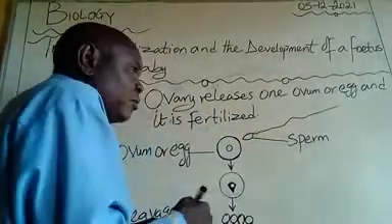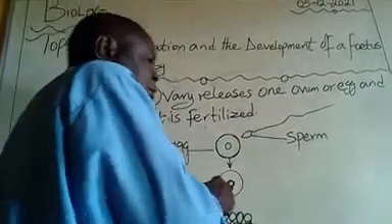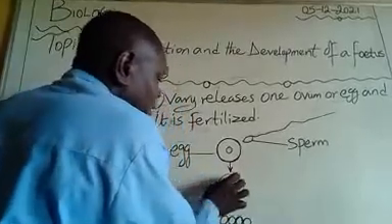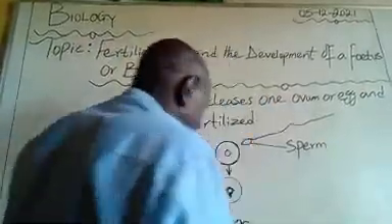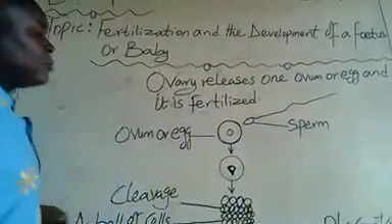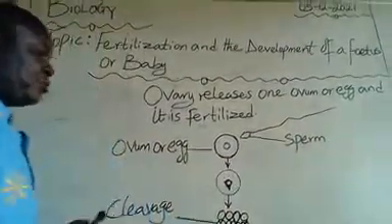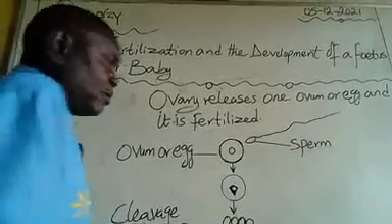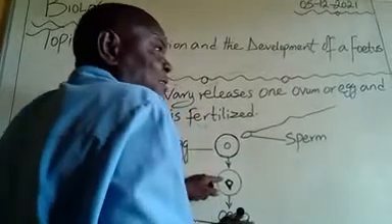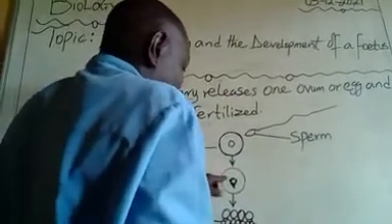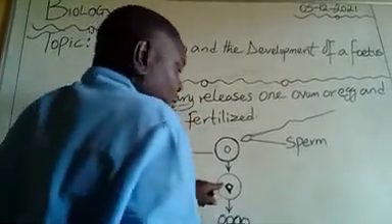The nucleus of the sperm and the nucleus of the ovum are fused together. Okay. Now, what is the next line of action? First and foremost, I have to name this fertilized egg, fertilized ovum.